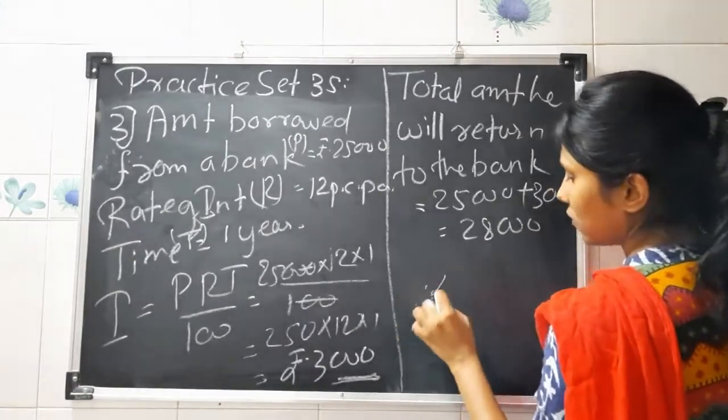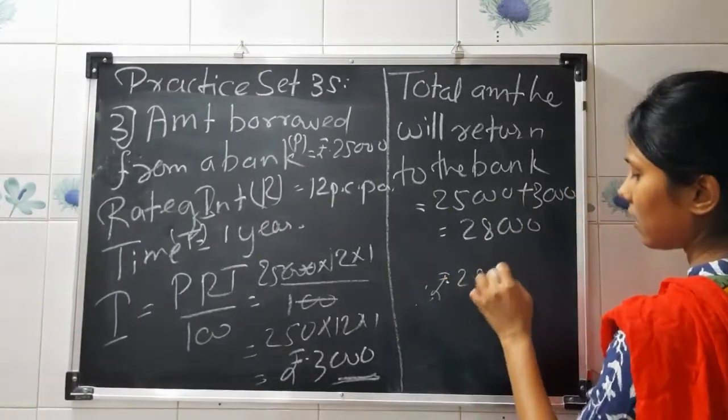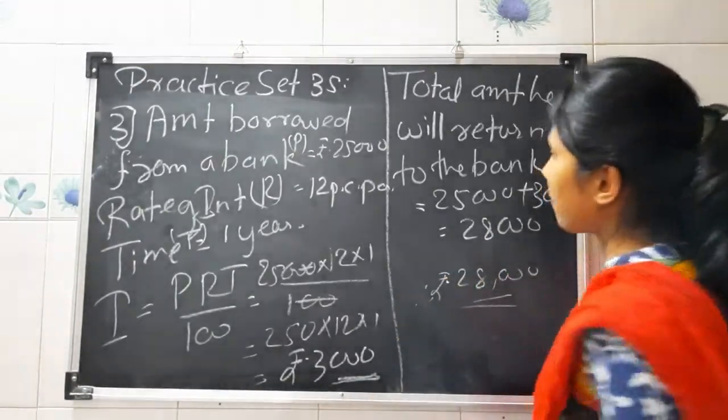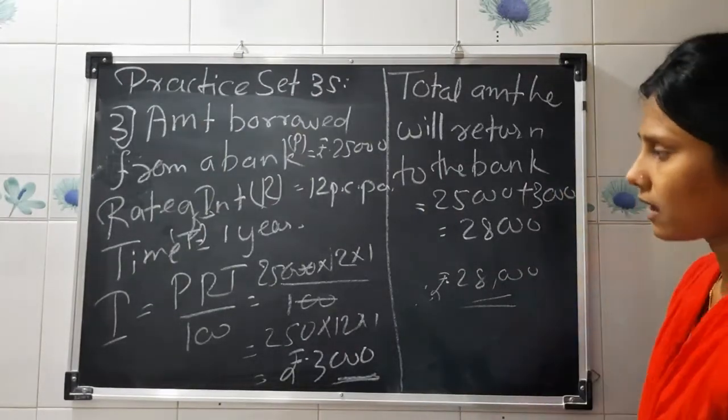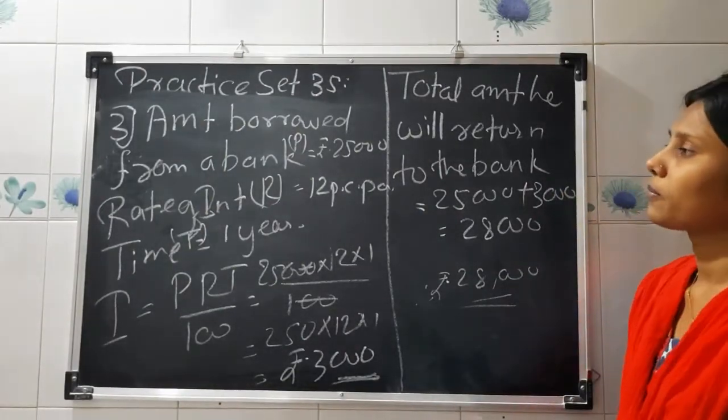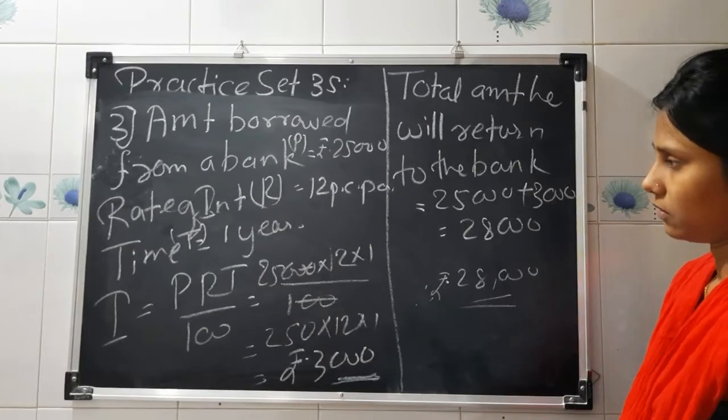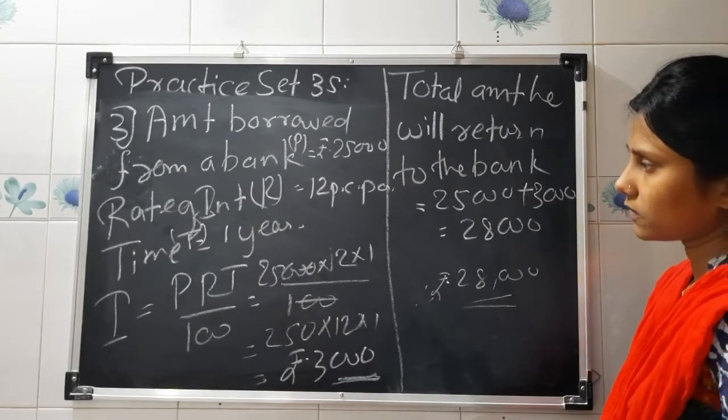So rupees 28,000 is the amount which he should return to the bank after 1 year, at the end of the year. Okay.